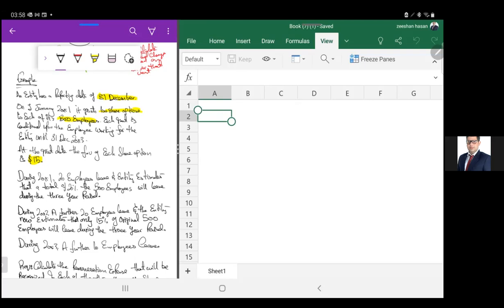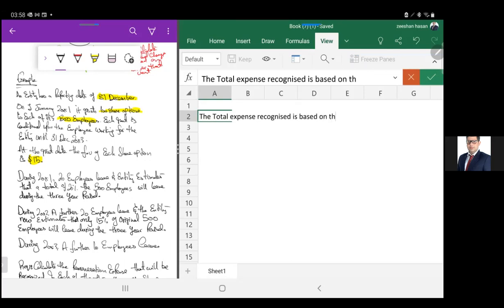So the total expense recognized is based on the fair value of the share-based options granted at grant date.